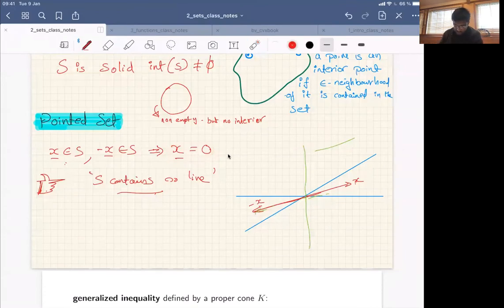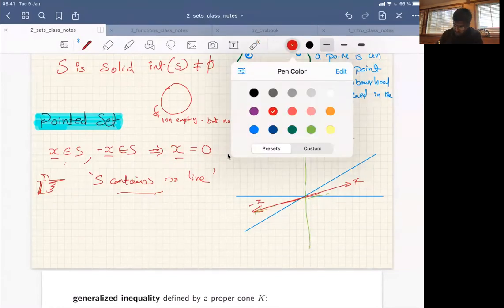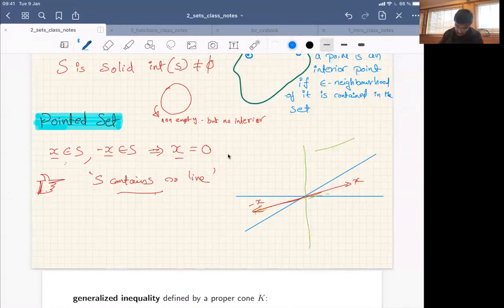Let's say we say that x is less than y with respect to the cone. X and y can be anything: a scalar, a vector, or a matrix itself. What does that imply? Y minus x belongs to the cone K. This is the definition.